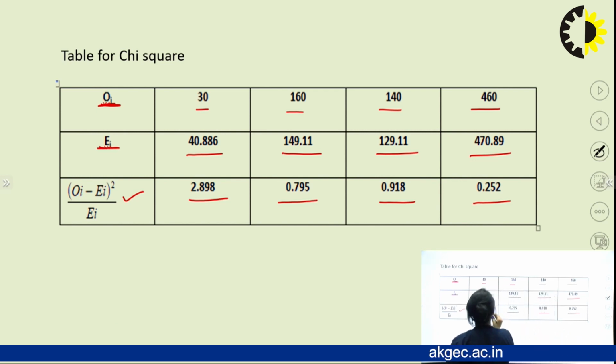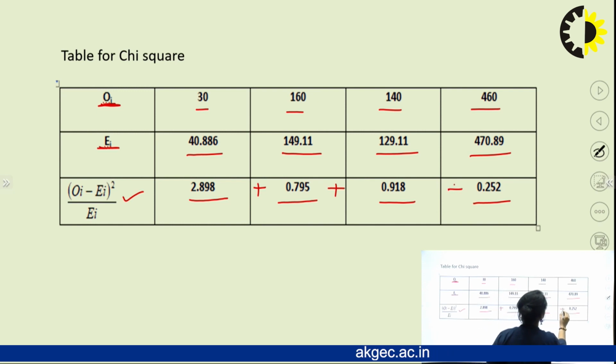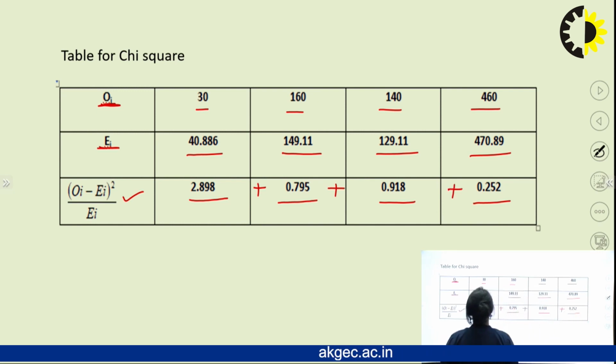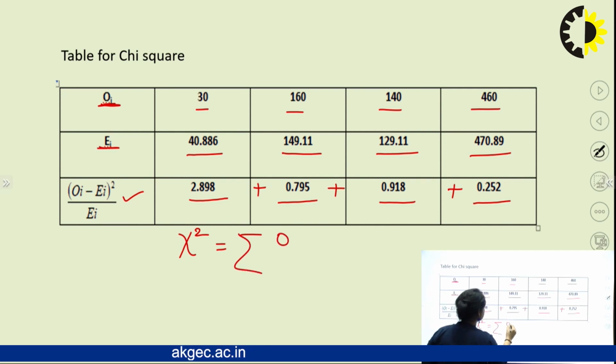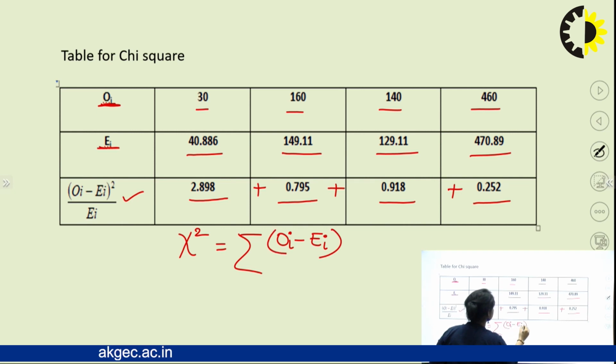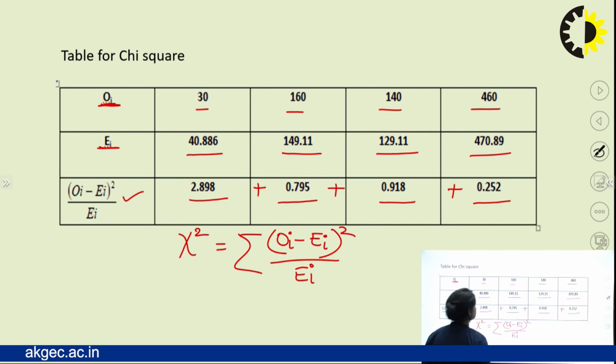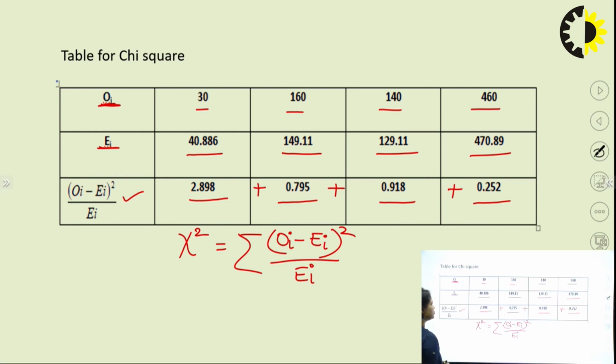We will add these values to find the value of chi-square. Since the chi-square formula is summation of OI minus EI whole square divided by EI, we will add all the values in the last row.